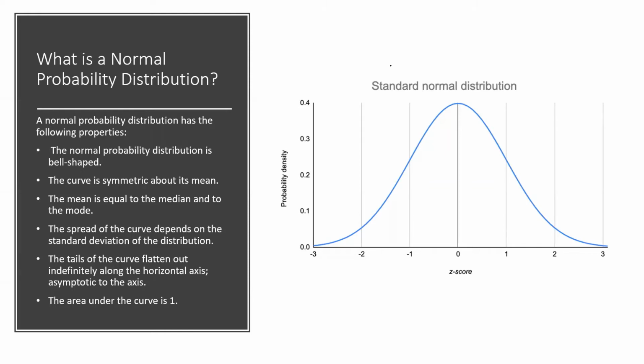Then the spread of the curve depends on the standard deviation of the distribution. So it means that if the standard deviation is quite big, then the curve might be widened and the peak might be lower.